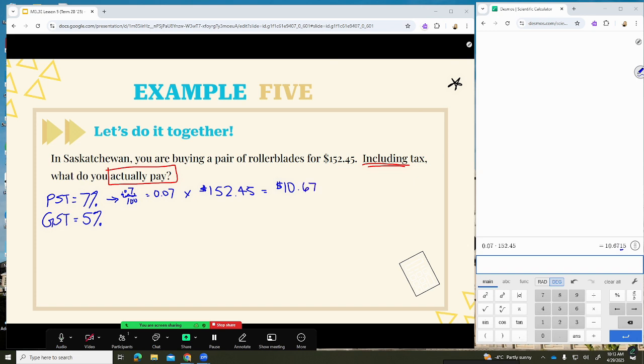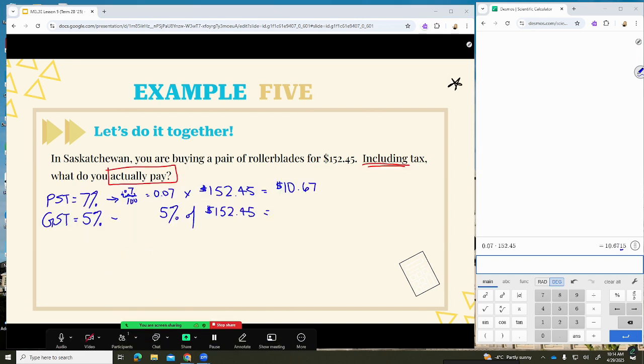That's just the PST. The GST is 5 divided by 100. Now, if you want to say 5% of $152.45, then that is what you can be typing into your calculator.